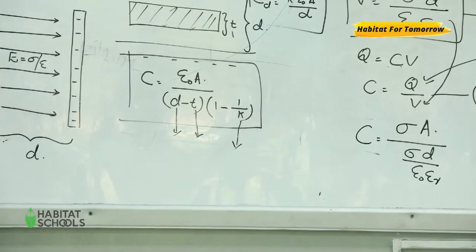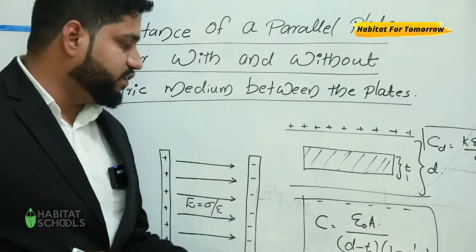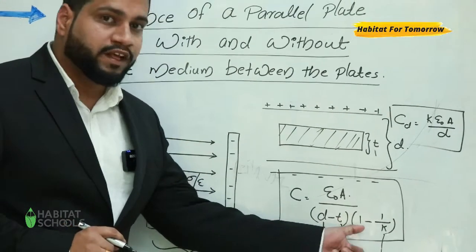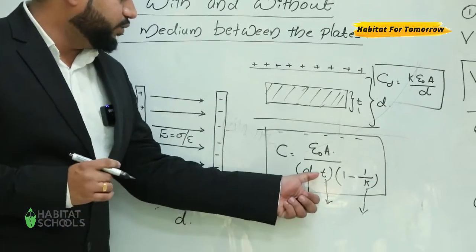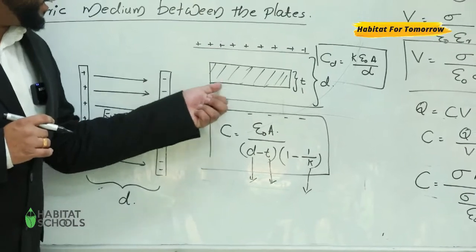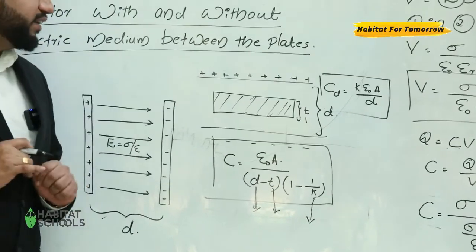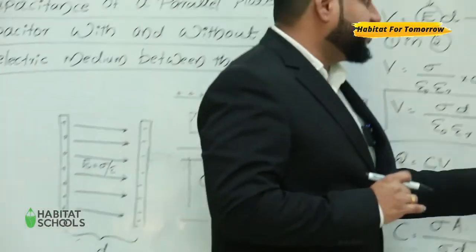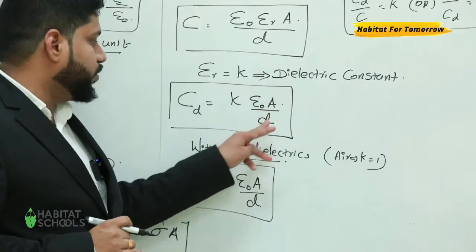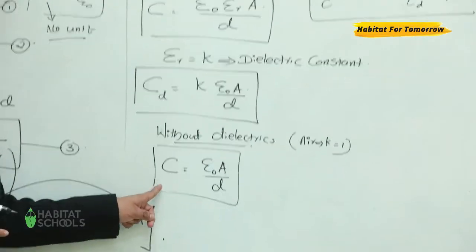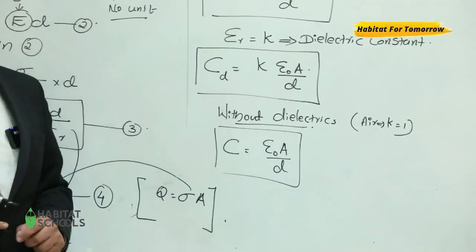So it is a mathematical expression, C is equal to epsilon 0 A divided by D minus T into 1 minus 1 by K. This equation we can use in some numerical cases, where the dielectric is partially filled. And if the dielectric is fully filled you can use this equation, CD is equal to K into epsilon 0 A by D. And if there is no dielectric, that time you can use C is equal to epsilon 0 A by D.